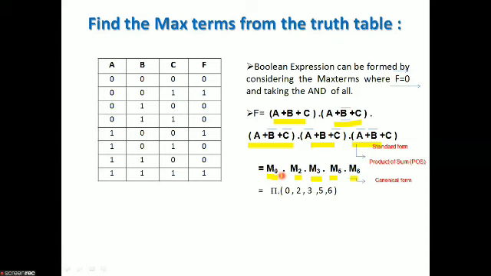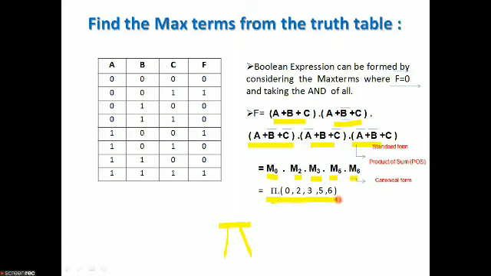As this is a product, we can give the product sign, and in brackets the max terms that are present, that is 0, 2, 3, 5 and 6. This is the presentation of the max terms.